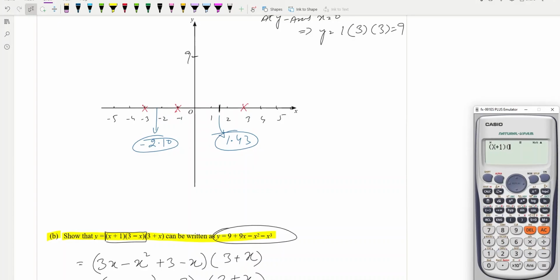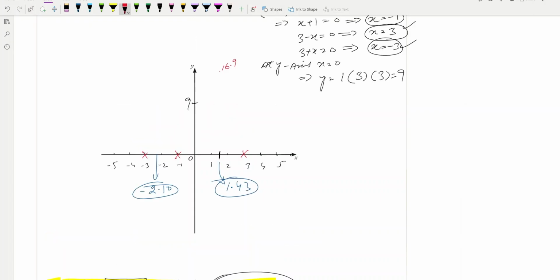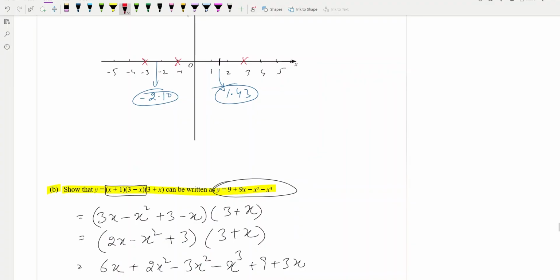Now we'll calculate for our x value 1.43. So calculate for 1.43, and this is equal to 16.9. So the y value is 16.9, and 1.43 will be the x value. So our point will be here, and this will be our maximum point, and then the minimum point for the value minus 2.10.